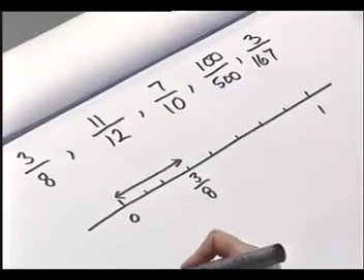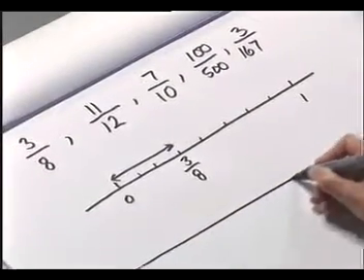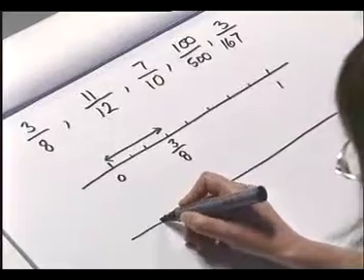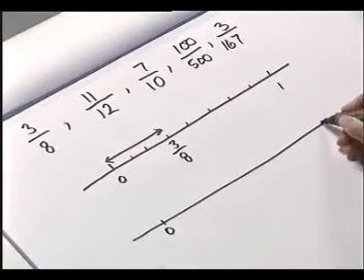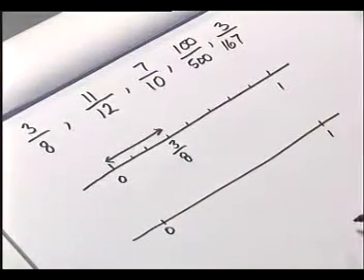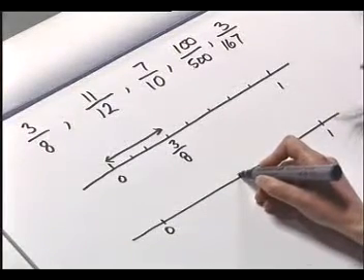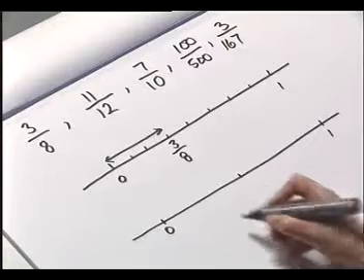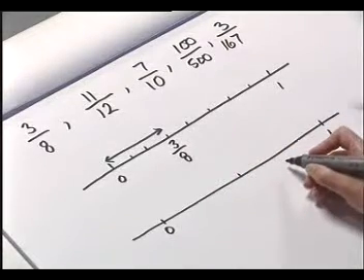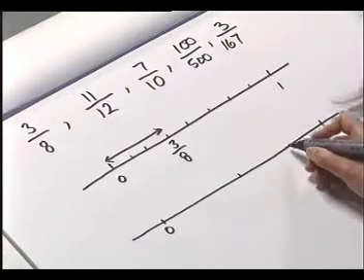Let's have a look at another one. This time we'll look at 11/12. So we need to divide our line up into pieces. So we have 12 pieces of equal size.